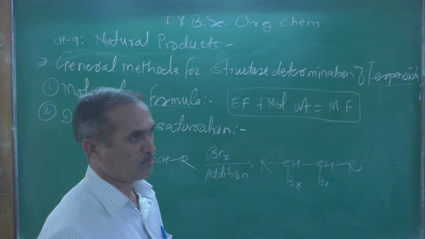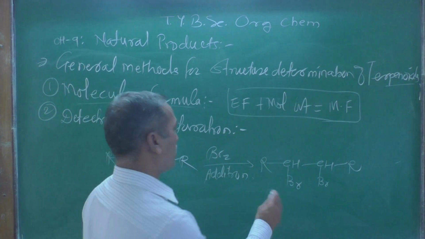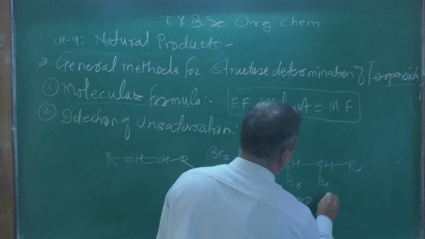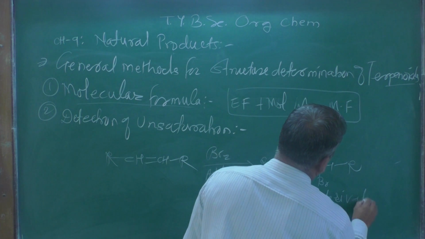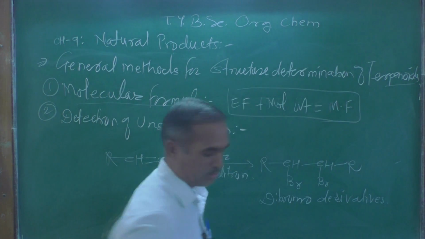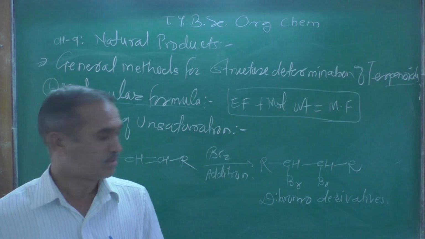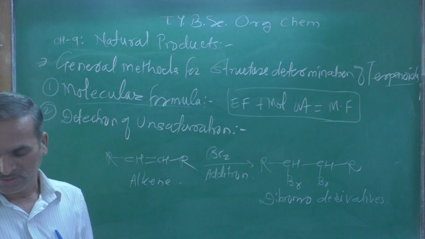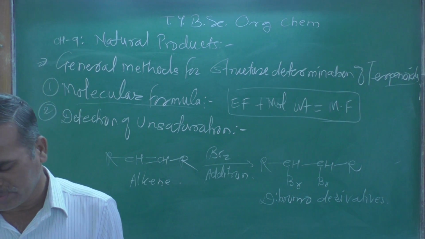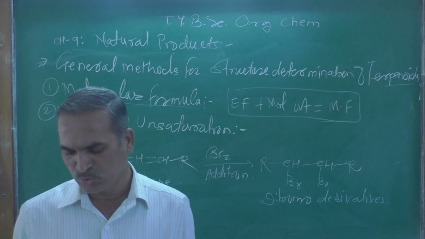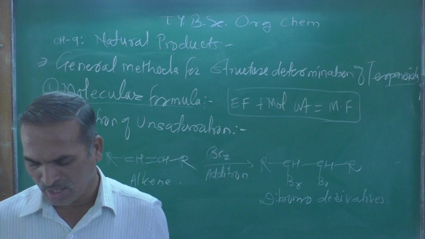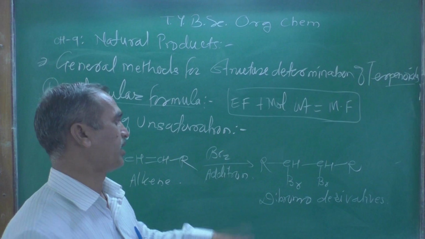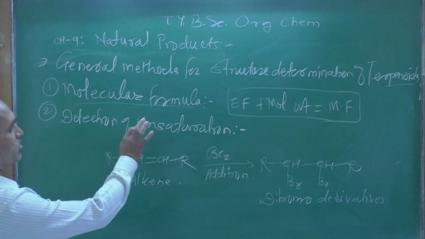That is a 1,2-dibromo, vicinal dibromo compound, or dibromo derivative. This is an alkene; we have taken the example of an alkene. One mole of bromine is added for each carbon-carbon double bond. That is the speciality of this reaction for the detection of unsaturation.